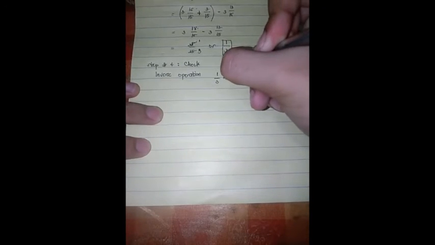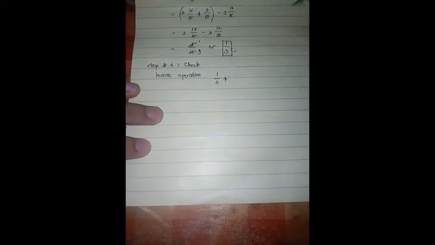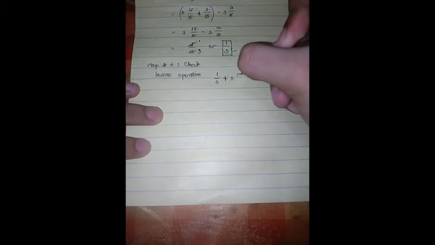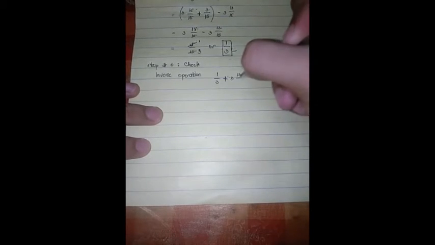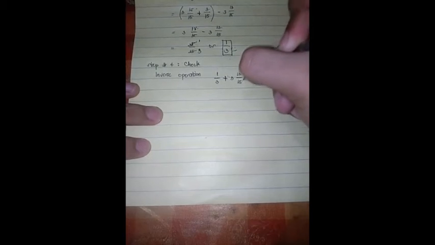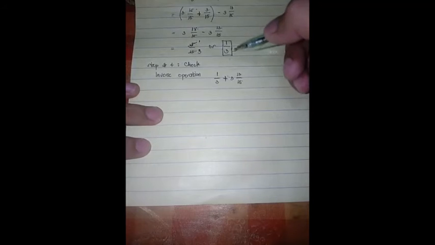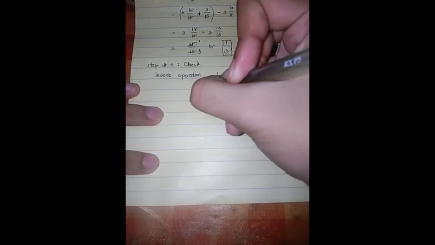So 1/3 plus sa ating given. So kanina may given facts tayo, which is yung 3 over 15. Okay, so yung subtrahend, in-add natin siya sa difference natin kanina. So is equals.